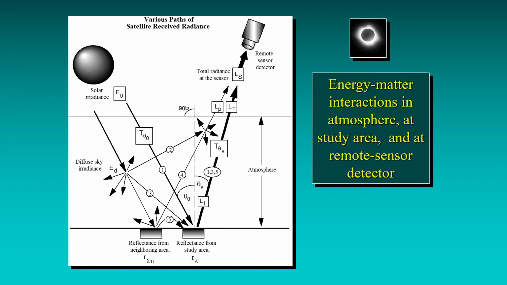But anyway, it can come from these various sources. Some of that electromagnetic radiation that makes its way up to the sensor is good and useful information for Earth surface remote sensing. Some of it is not. And so we'll describe in detail these various potential paths that electromagnetic radiation can take through the atmosphere, interacting with the Earth's surface, and how it interacts with the atmosphere on its way back up toward the sensor. So we'll talk about those paths in detail.